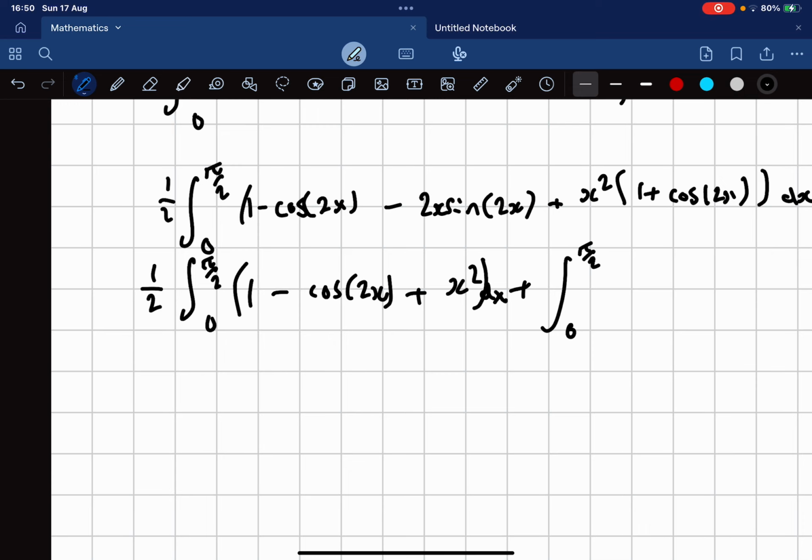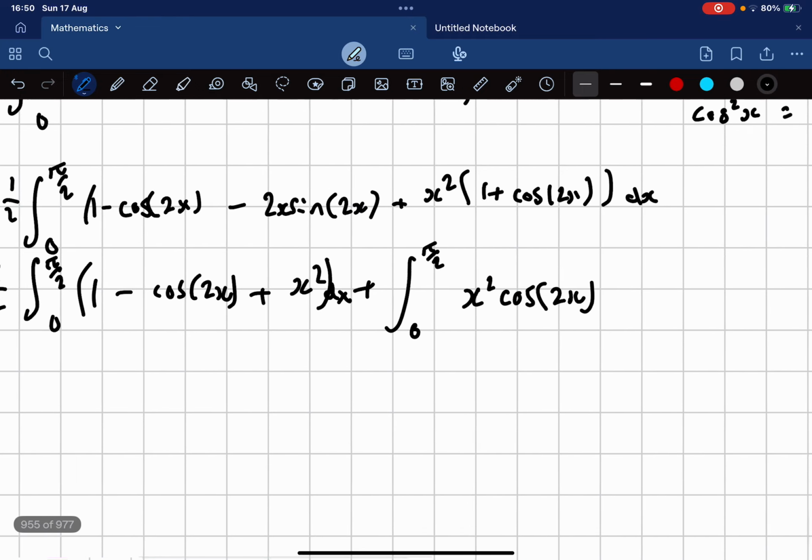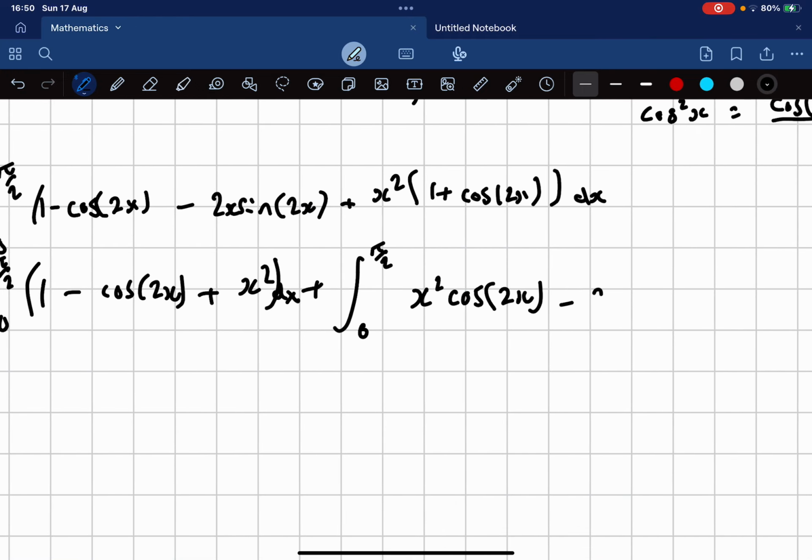Sorry for the dogs. So this is going to be x squared cos 2x, and then that's going to be minus 2x sine 2x dx. So here we're going to use integration by parts on the right.